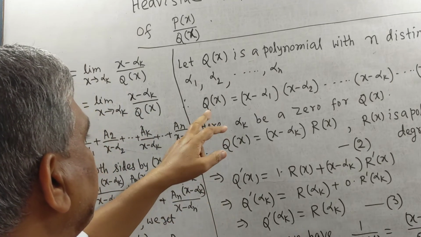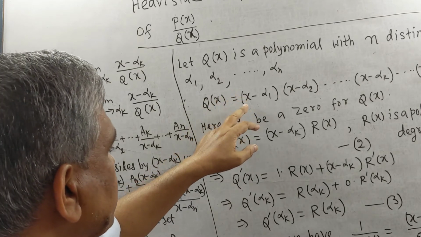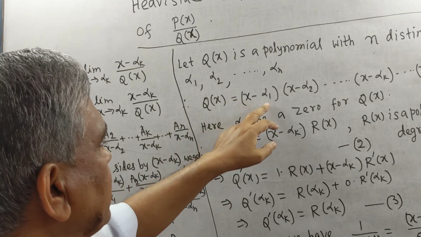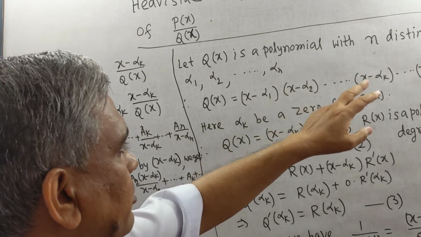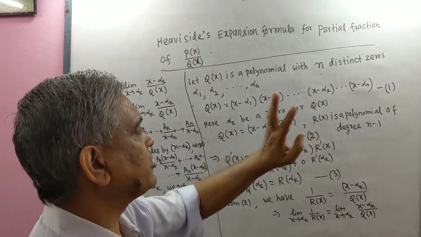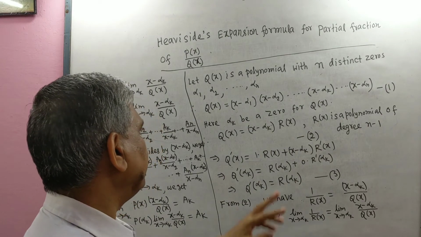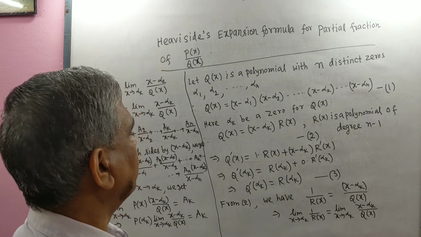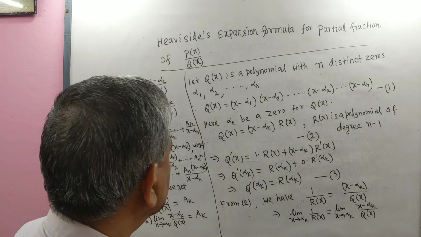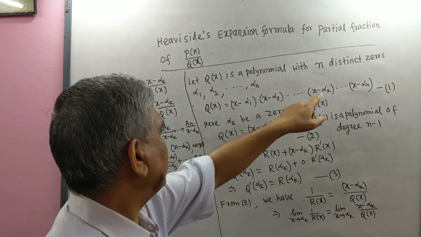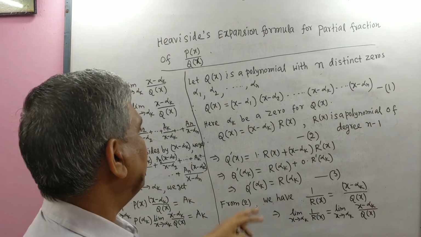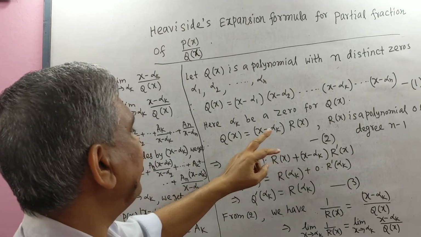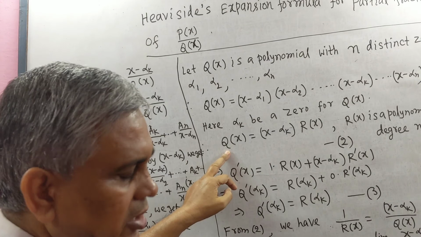For this property, qx may be factorized into x minus alpha 1, x minus alpha 2, ..., x minus alpha k, ..., x minus alpha n. Let this be equation number 1. Here alpha k is a zero for qx, so x minus alpha k will be a factor of qx.